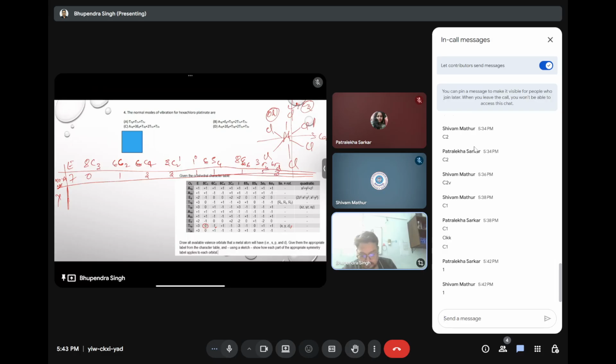And for C3 it will be 1. Katrika is saying for C3 it will be 1.